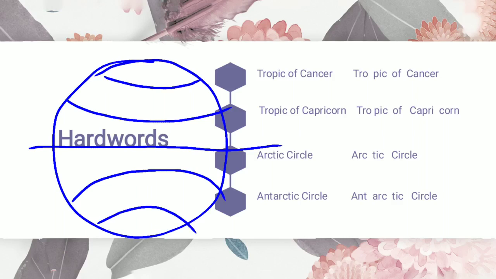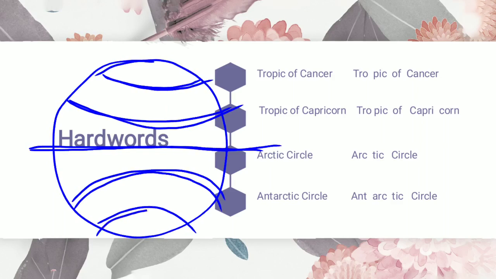So these all are latitudes, and Earth is divided into several major lines or divisions. This one is Arctic Circle, this one is Tropic of Cancer, this is equator, this is Tropic of Capricorn, this is Antarctic Circle, and this is North Pole, South Pole.